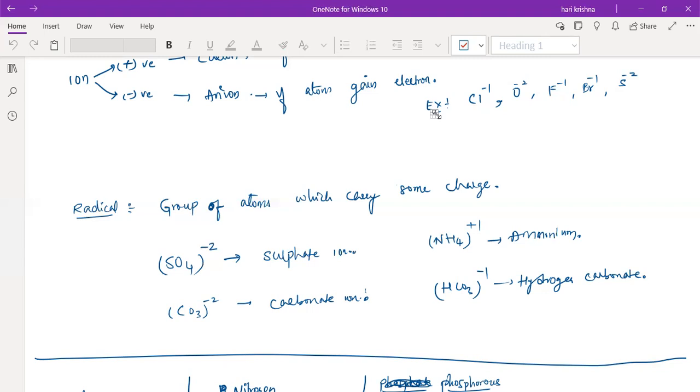Yes, sir. Then what is the phosphate formula? Anyone? Phosphate. Wait, Raghav. Pallav. What is the phosphate formula? Harini. Yes, sir. What is the phosphate formula?